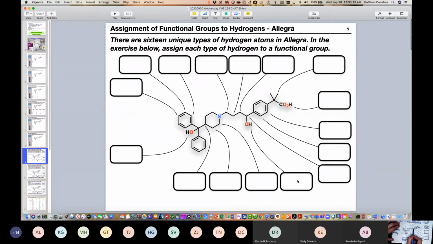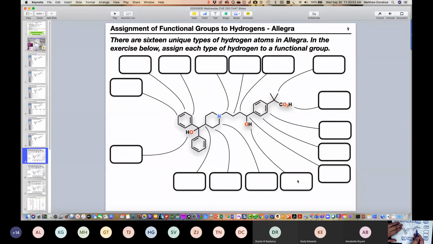What sort of functional group is that? So alkane, sp3 hybridized carbon H, methine.